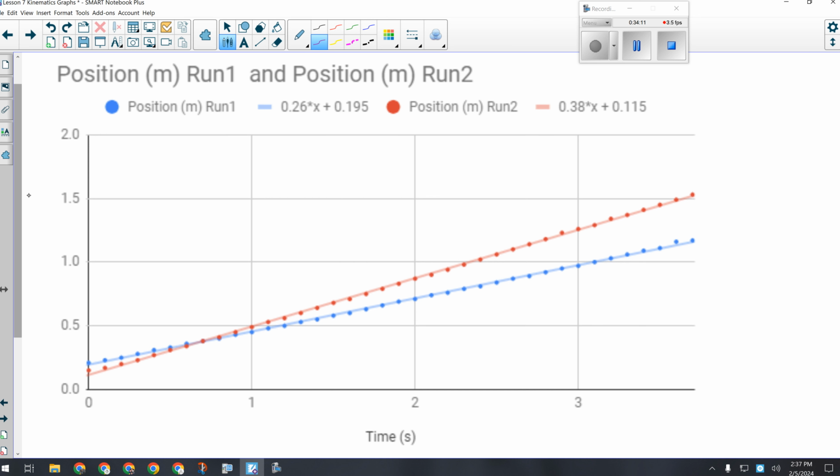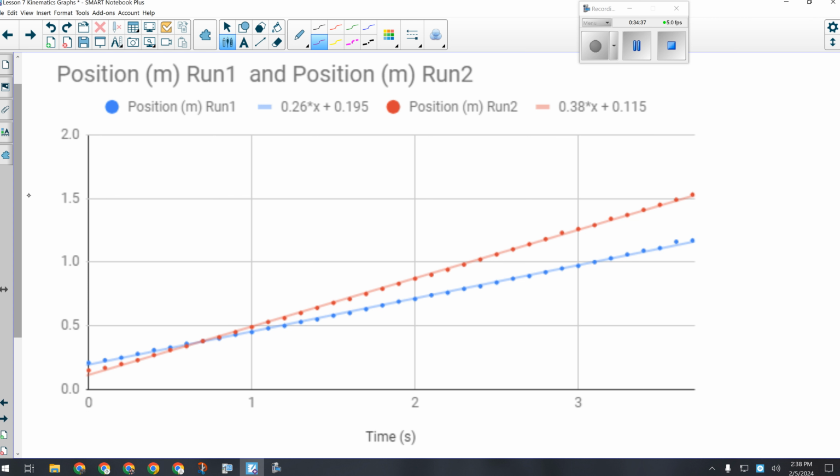If I'm looking at this position versus time graph here, at time 0, which object is further ahead? Run 1 or run 2? Well, run 1 is the blue line.